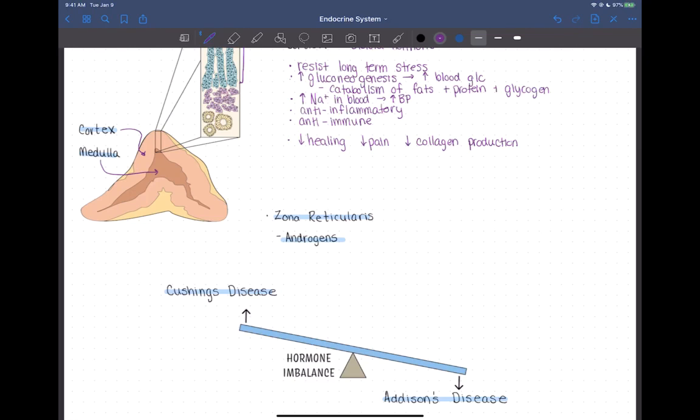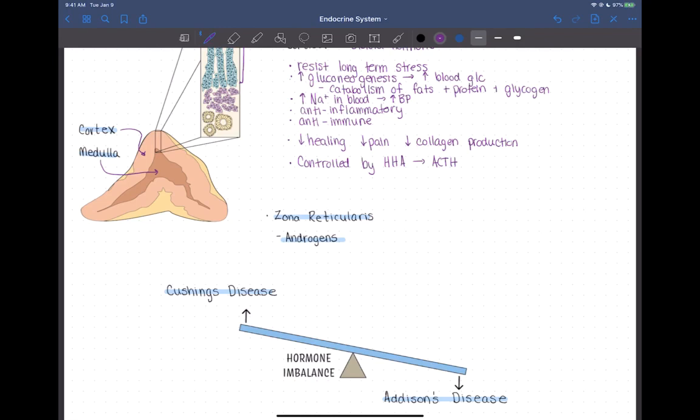The hormone ACTH from the anterior pituitary is released, acts on the adrenal cortex, and it releases cortisol. So it's controlled by that hypothalamic-hypophyseal axis, through ACTH from the anterior pituitary.